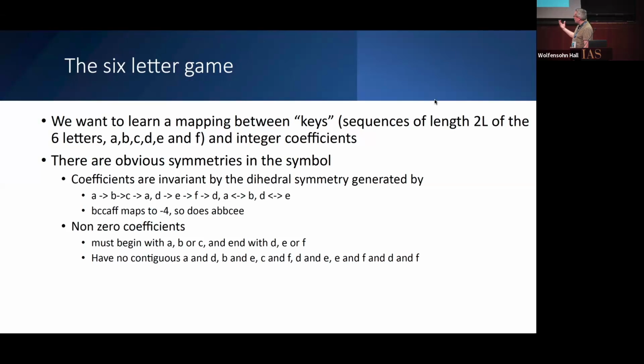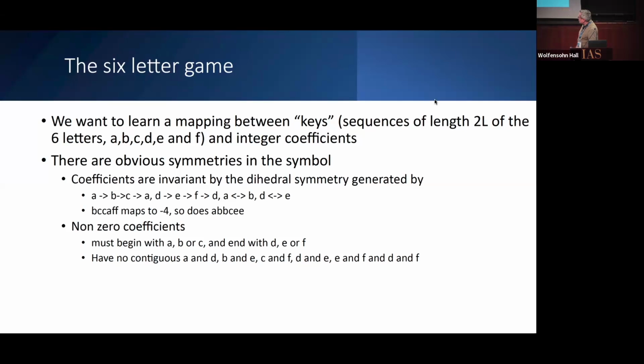It's known that the coefficients are invariant under the dihedral symmetry generated by ABC to BCA, DEF to EFD, and the swap of ABC and DEF. So BCAFF maps to the same coefficient, but so does ABBCEE by symmetry. Every time you have one coefficient, you actually have 6 of the same.